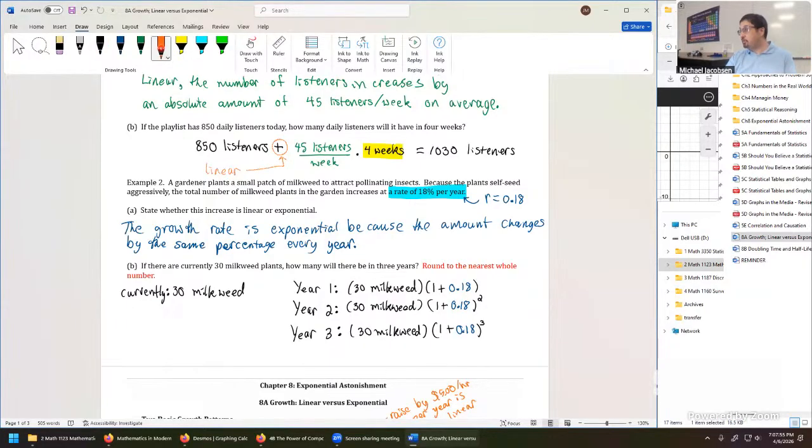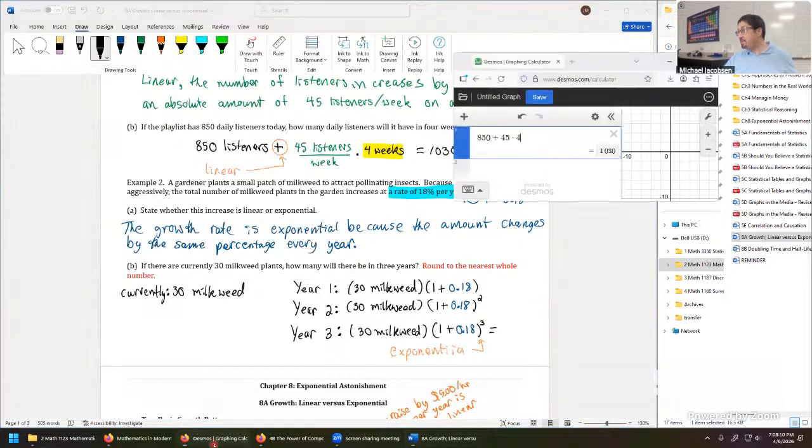So if we have exponential growth, this is how we find out the growth pattern. We can just jump right to year 3, get a value out. To the nearest whole year, this will come out as, take the 30 times 1 plus growth rate as a decimal, so 0.18.